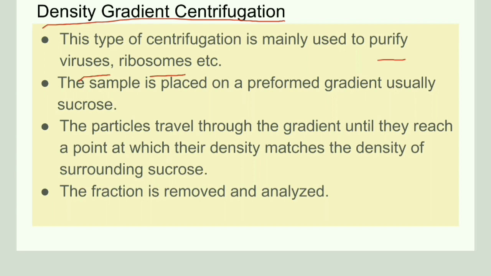These samples are placed above a preformed gradient, usually sucrose. The particles in the sample travel through the gradient until a point is reached where the density of the particles matches the density of the sucrose. When both densities match, the separation occurs. The fraction is then removed and analyzed.